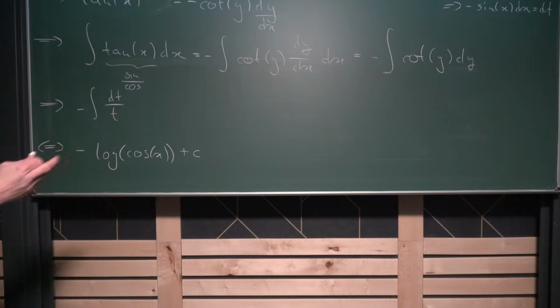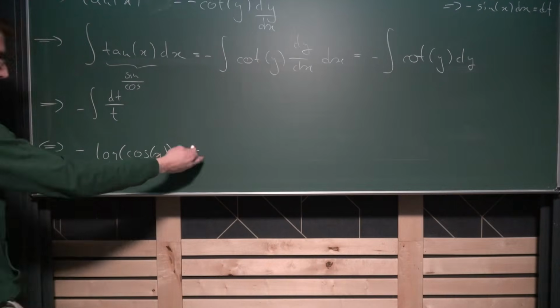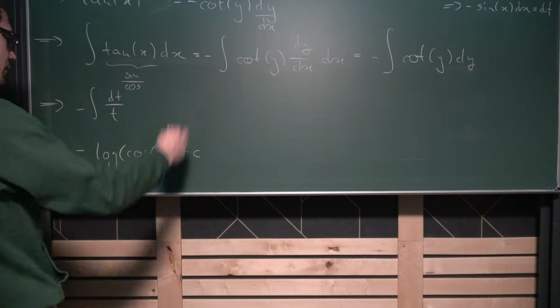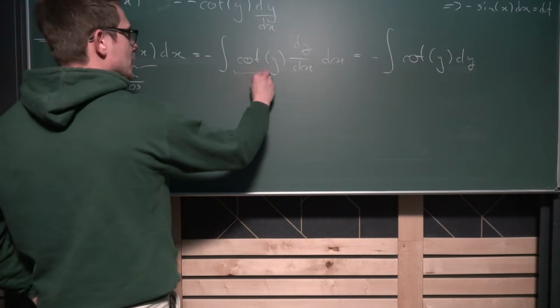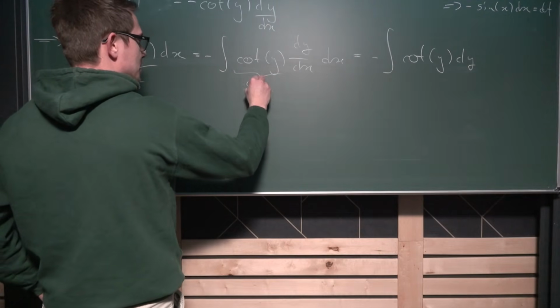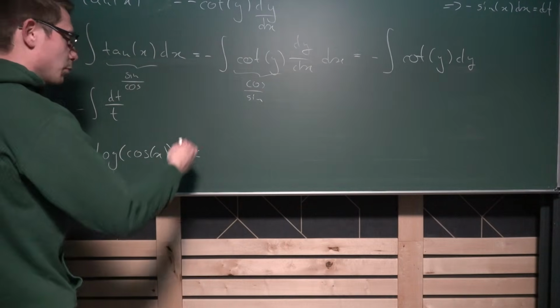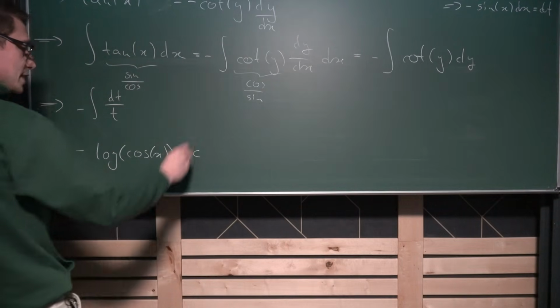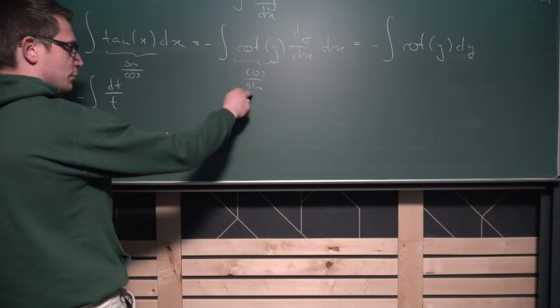We shall not forget this. And the other constant that we get right here is going to be absorbed in this constant. So we really only need one constant. And the same spiel here with the cotangent. Cotangent is cosine over sine. And by differentiating the sine, we are not going to end up with a negative sign. So this negative sign is going to be preserved. So overall, that's the natural log of the sine.